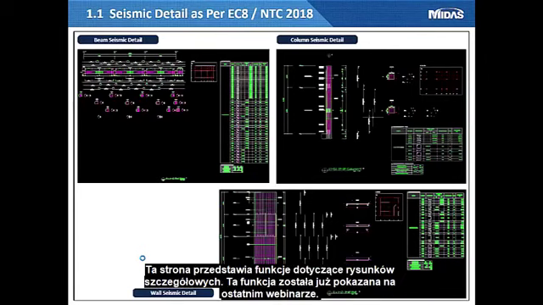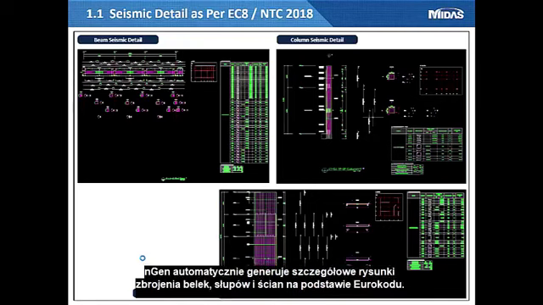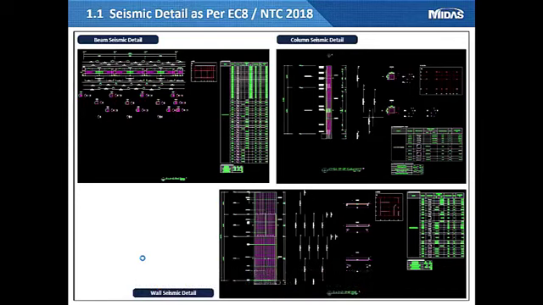This page is an introduction to the features of the drawing details. This feature was already explained in the first webinar, and it automatically generates detailed drawings of rebar for beam, column, and walls based on Eurocode.